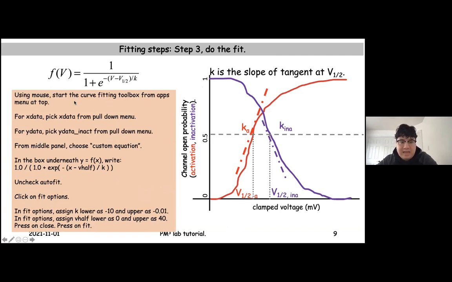Moving on, using a mouse and the curve fitting toolbox, the X data will be pulled down and inputted into the curve fitting toolbox. The same will be done for the Y data. From the middle panel, the custom equation will be used, which is shown underneath. This will be copy pasted into the curve fitting toolbox for the sigmoidal shape to be obtained.